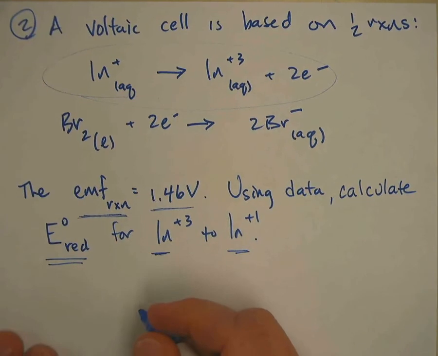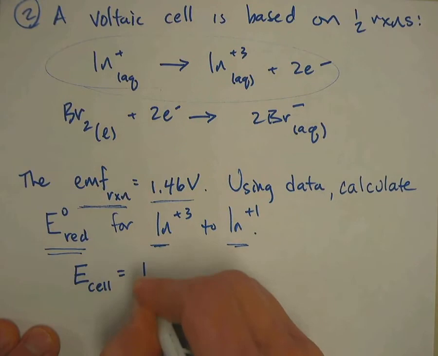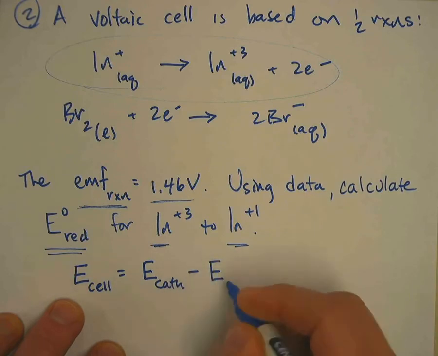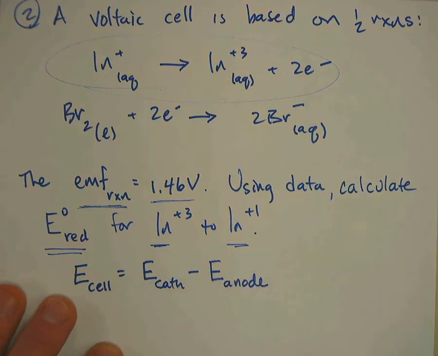Remember that the equation for this is that the standard cell potential is equal to the cell potential for the reduction, or the cathode, minus the standard potential for the anode, okay?